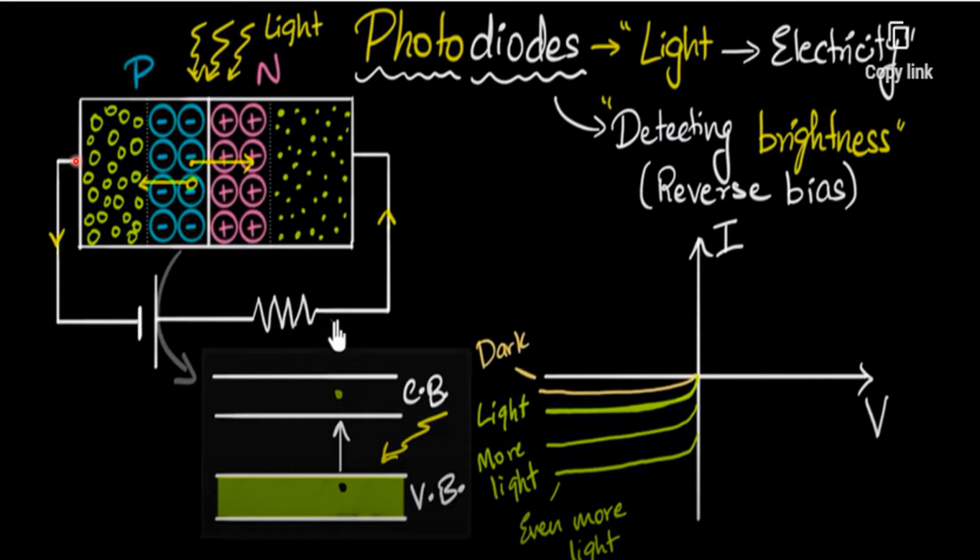The reverse bias connection is shown in this diagram on the left hand side. This is a battery connected. Negative is connected to the P side and positive is connected through a load resistance to the N side of the semiconductor.